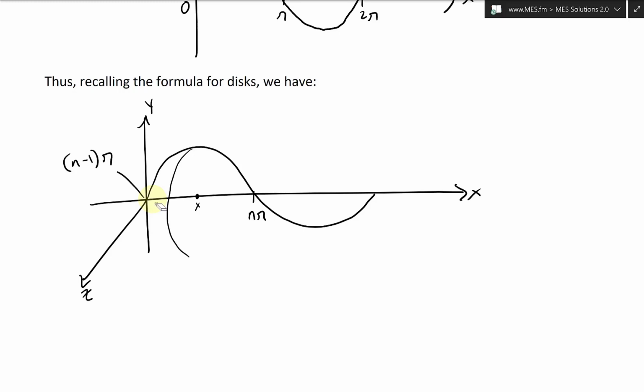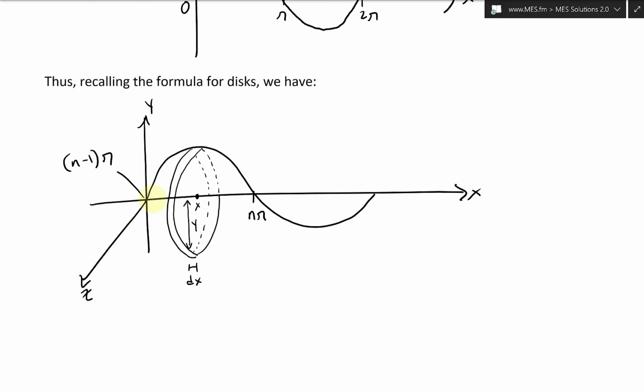We're going to rotate this all the way across, like that, and then around here. So we have this 3D shape, where this height is y, all the way to the bottom, x, and this thickness is dx.